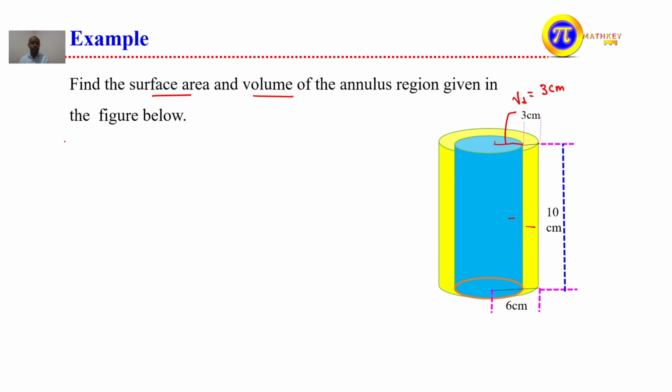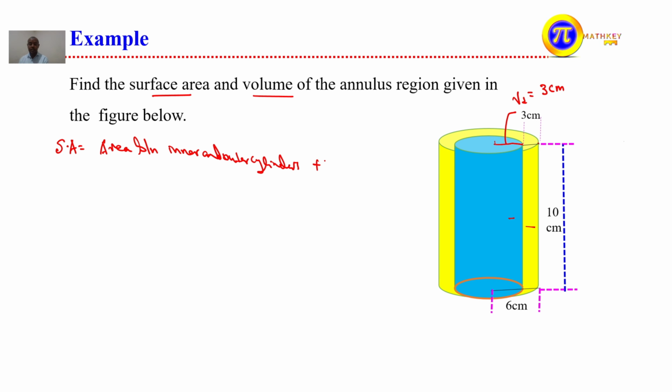So the surface area for this figure is equivalent to the area between the inner and outer cylinder, plus the lateral surface area of the outer one.